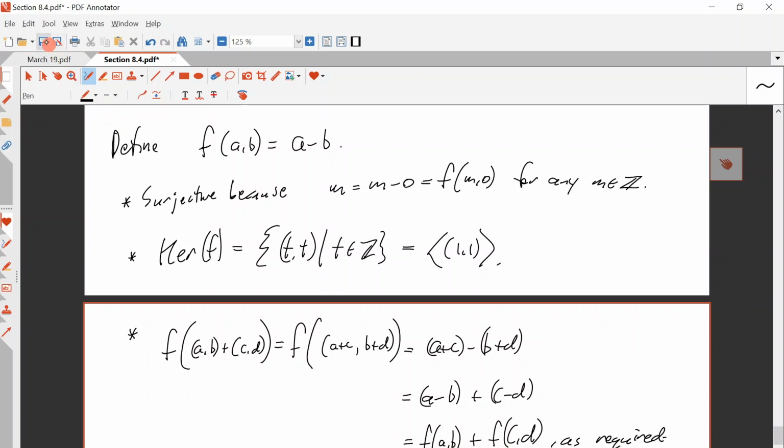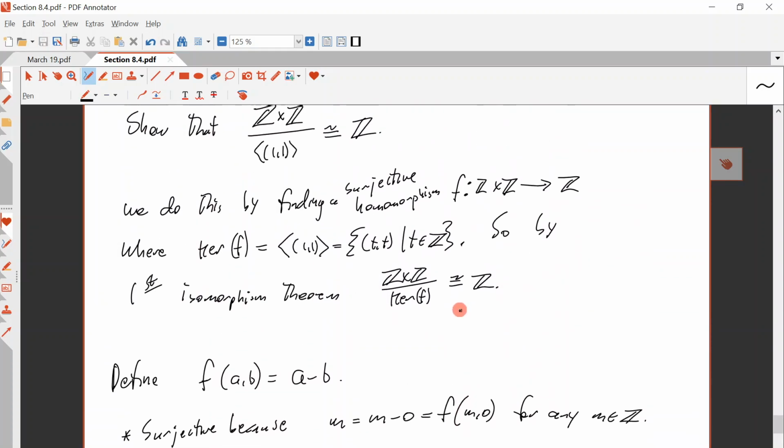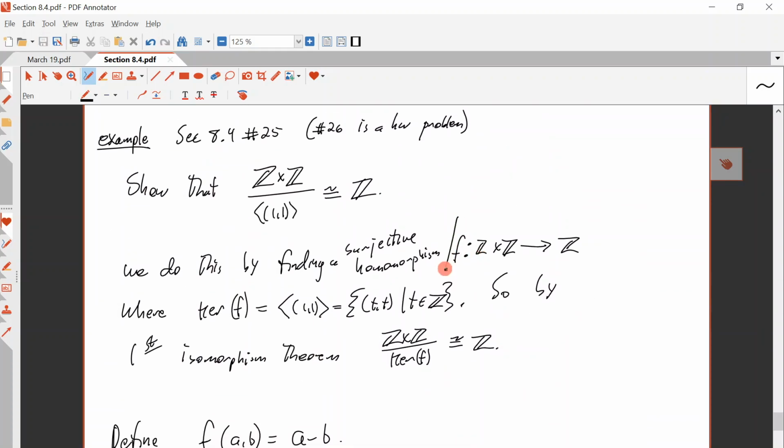So there you go. We have a surjective homomorphism F from Z cross Z to Z, whose kernel is that. So Z cross Z mod the kernel of F, because the kernel of F is that.